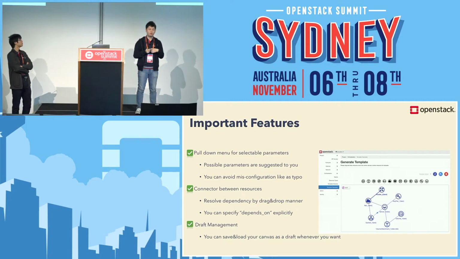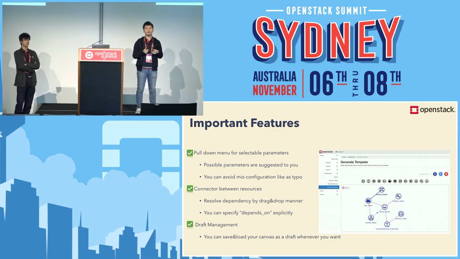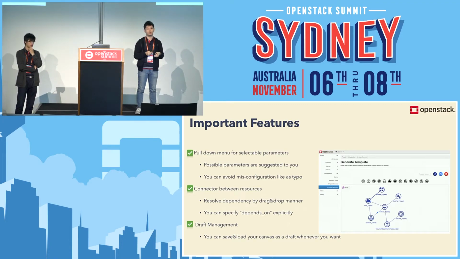And draft management. If you're going to make a really, really large template, perhaps you have to take a lunch break. This template generator has draft management. What I mean is, you can stop your work in the middle and go to lunch, and after you come back, you can resume your drawing task.